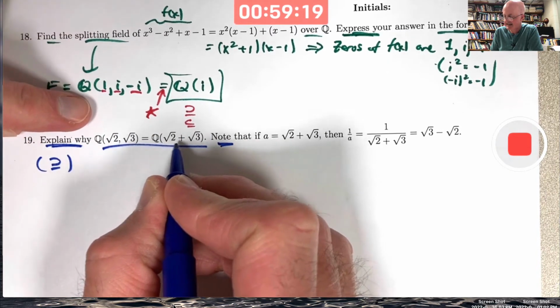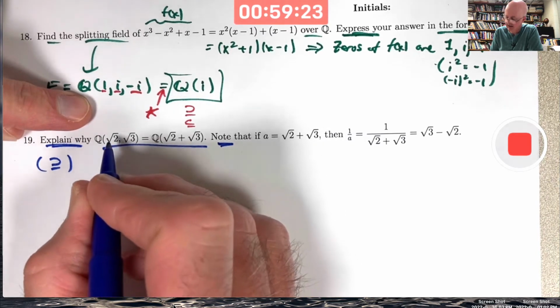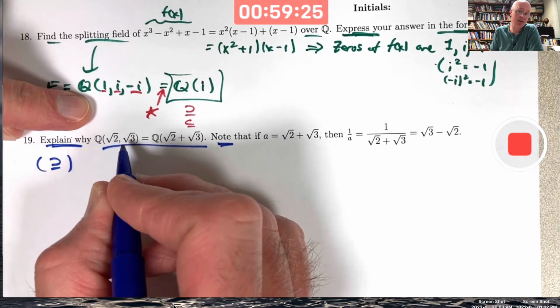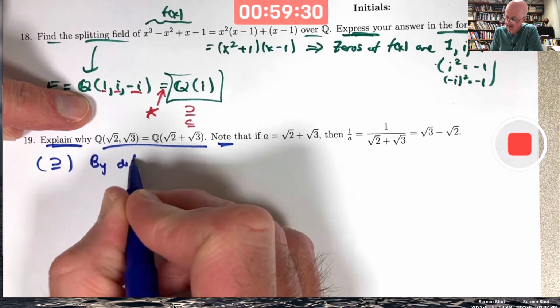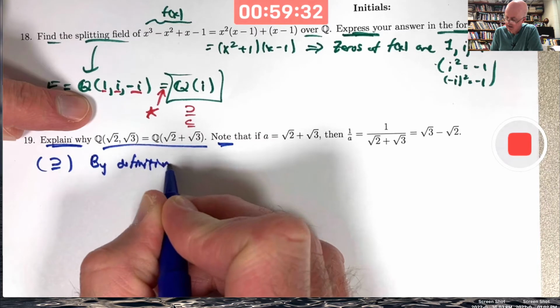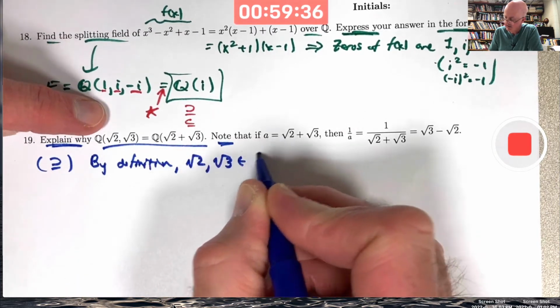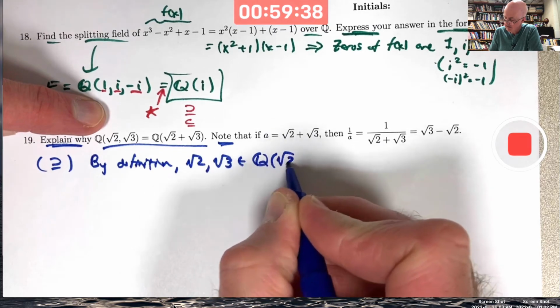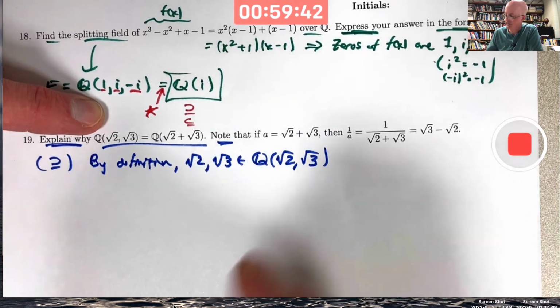And why is this thing in there? It's based on this being a field, and because square root of 2 and square root of 3 individually are in there. By definition, square root of 2 and square root of 3 individually are in the one on the left, which, by the way, is worth mentioning.